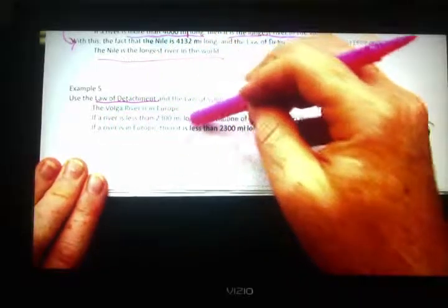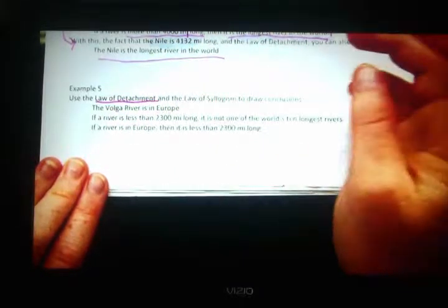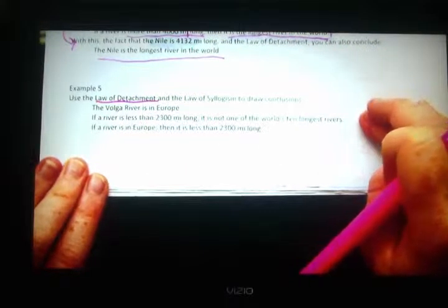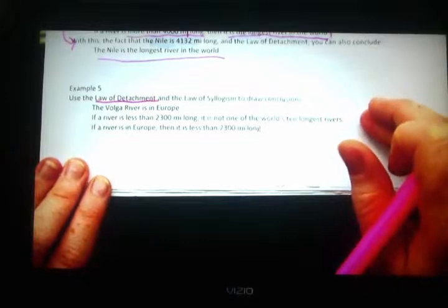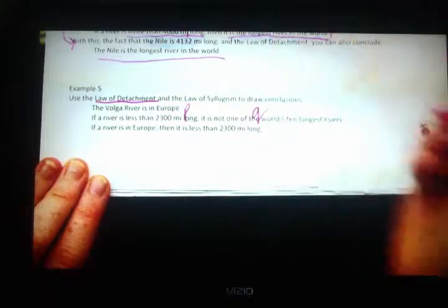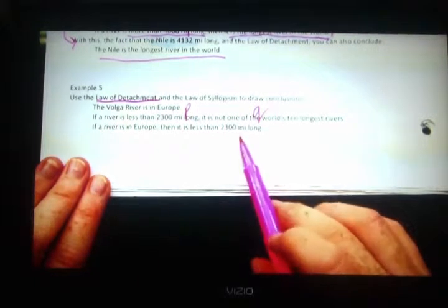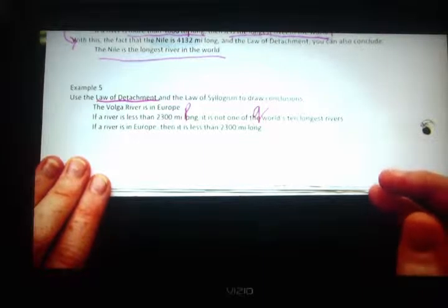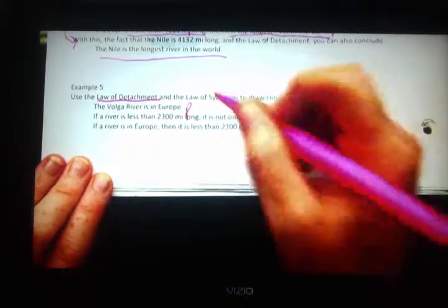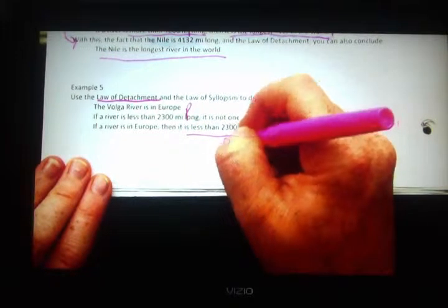If a river is less than 2,300 miles long, it is not one of the world's 10 longest rivers. Okay? If P then Q. If a river is in Europe, then it is less than 2,300 miles long. This looks like a P, and this looks like an R.